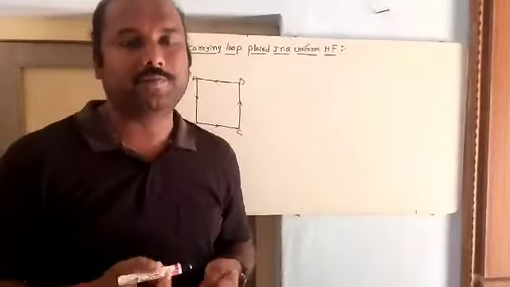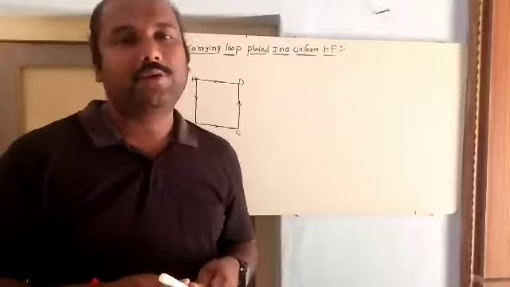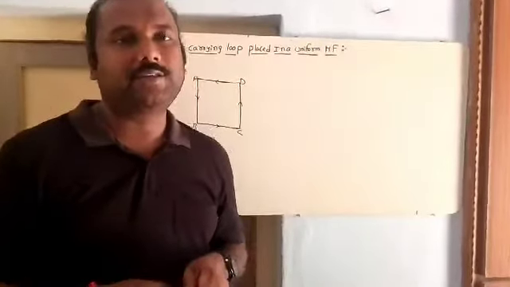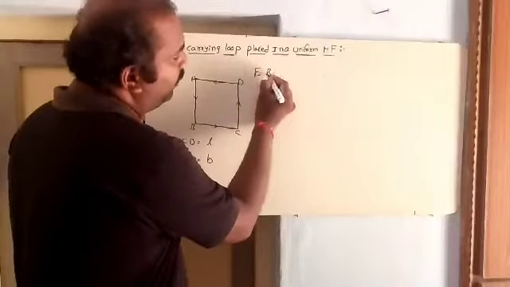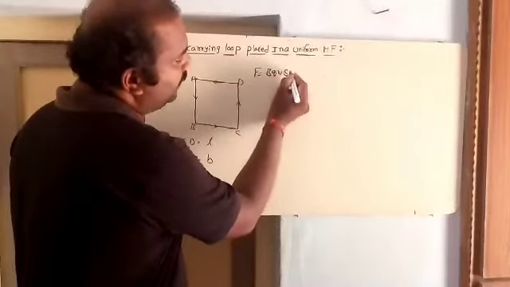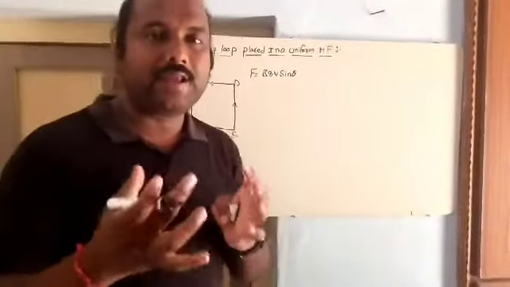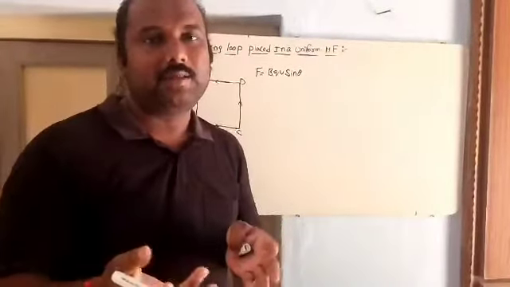First I am recollecting those formulas. If a charged particle enters a uniform magnetic field, the force experienced by the charged particle is given by F is equal to BQV sin theta.